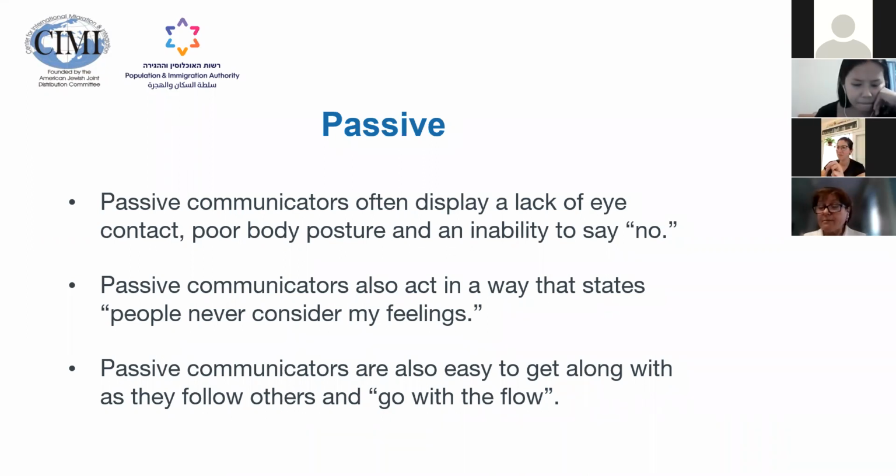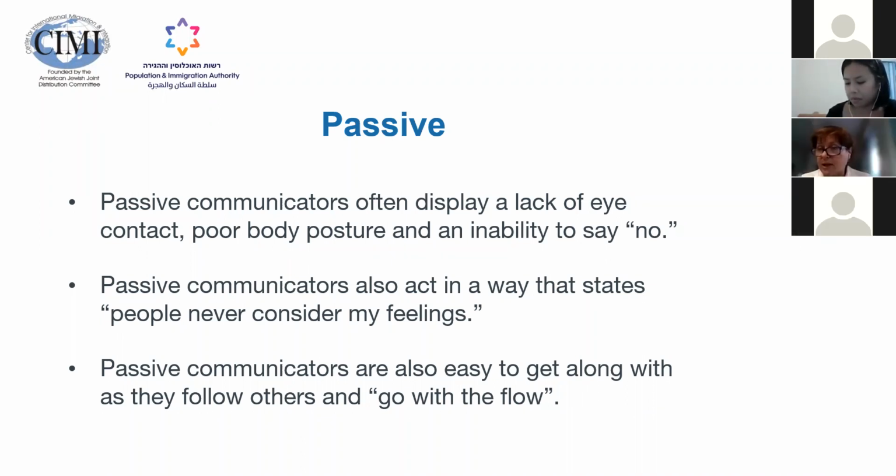But, this one has a big but, when you're a passive communicator, you're not really expressing your feelings, your thoughts, your emotions, and your desires, and things that you don't desire, obviously. Very easy to take advantage of passive communicators, because we really don't know what they're all about.